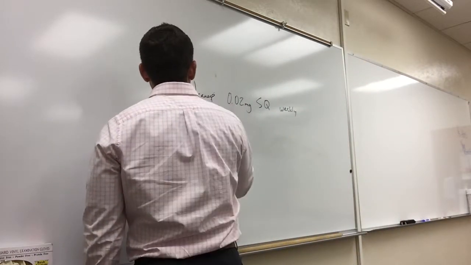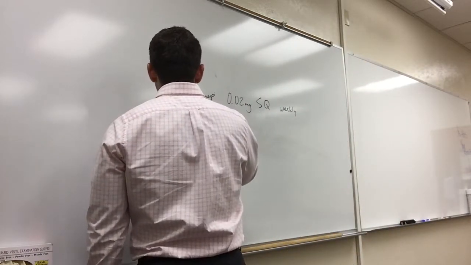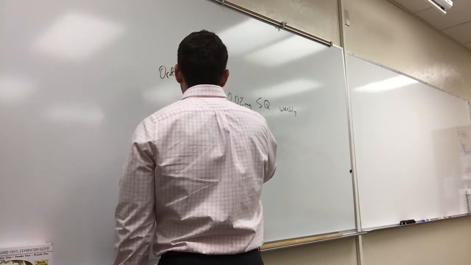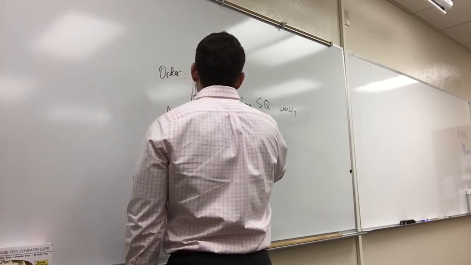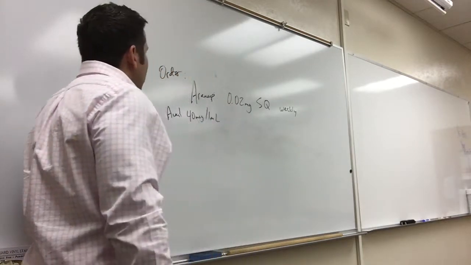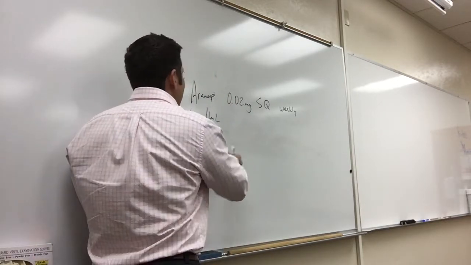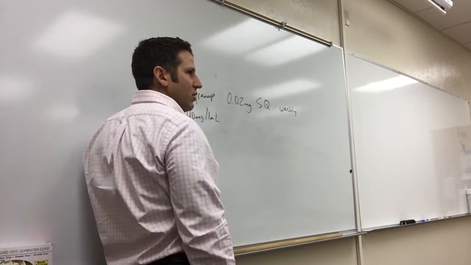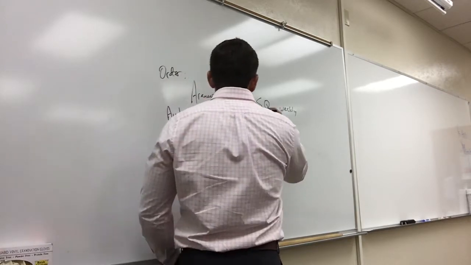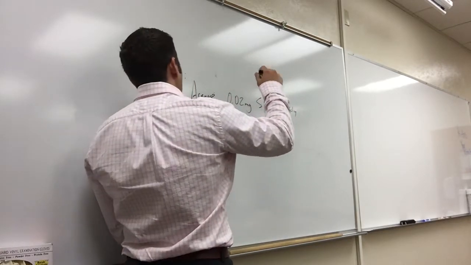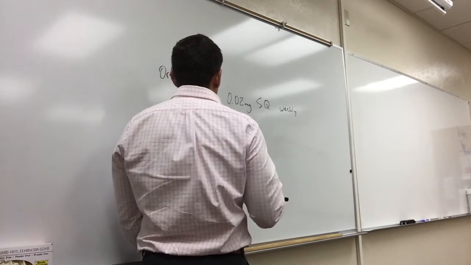Start with what you know. Okay, wait a second. This is the mics and that's in milligrams. So what are we going to do? You can move the decimal place right off the bat, or you can use dimensional analysis. So we'll do both.